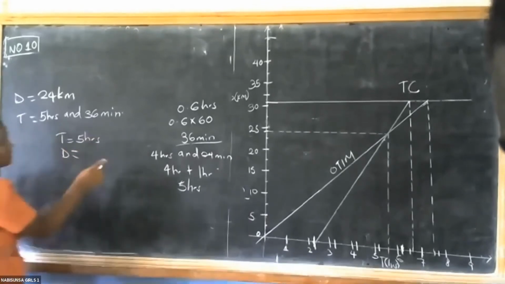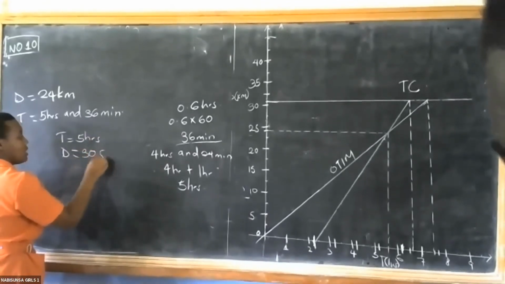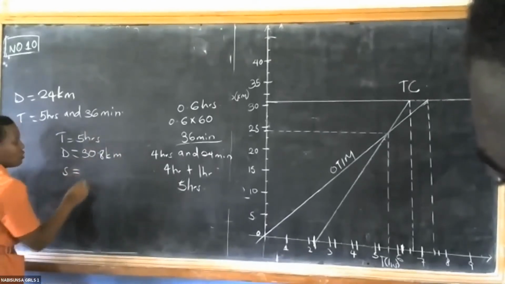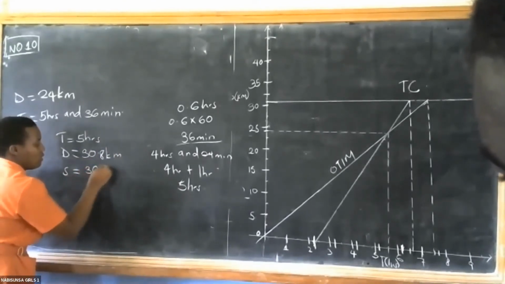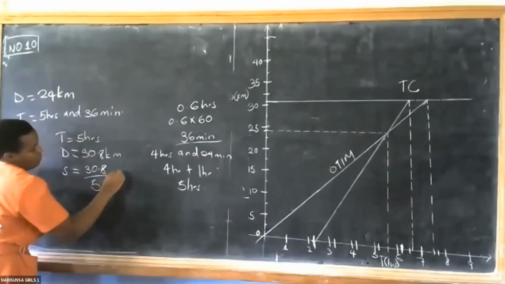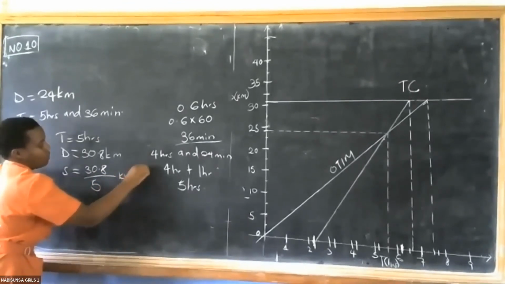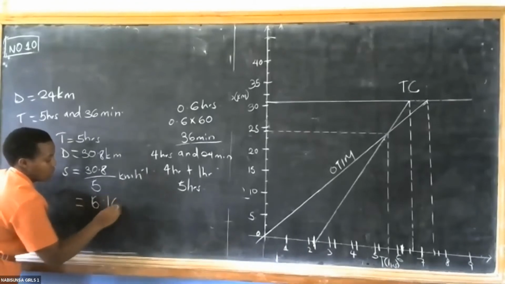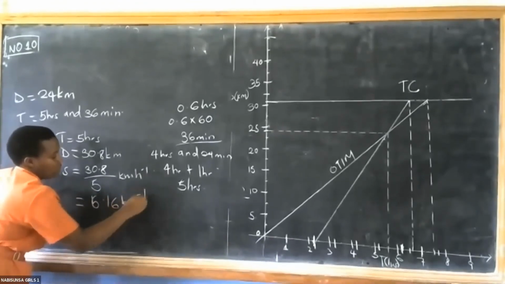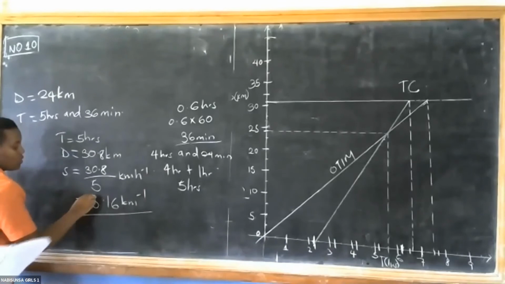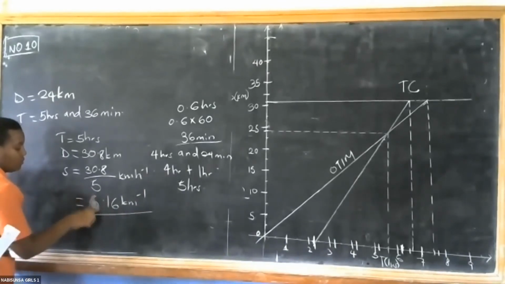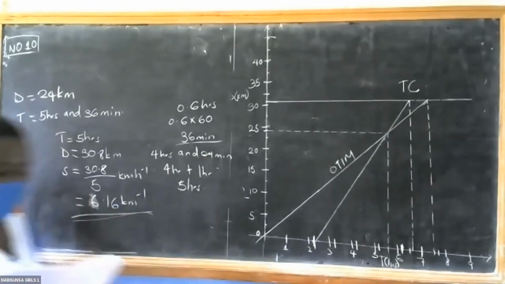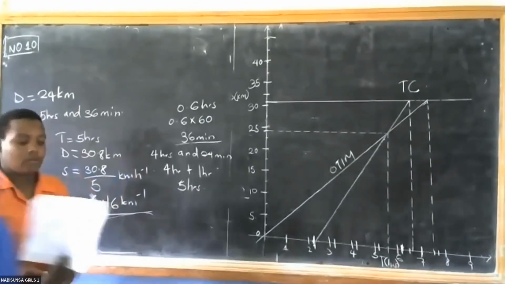The distance is the same, 30.8 kilometers. So the new speed is going to be 30.8 divided by 5 kilometers per hour. This is going to give us 6.16 kilometers per hour. So this is going to be our new speed. Calculate by how much he reduced his speed.